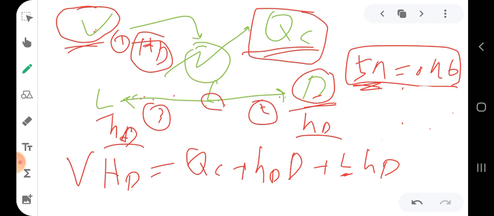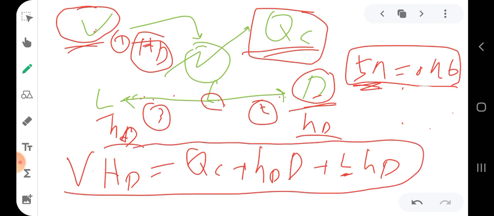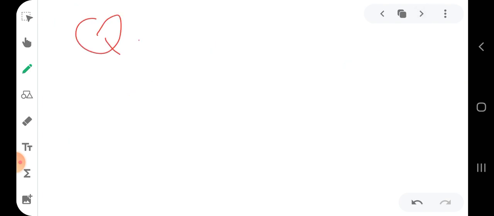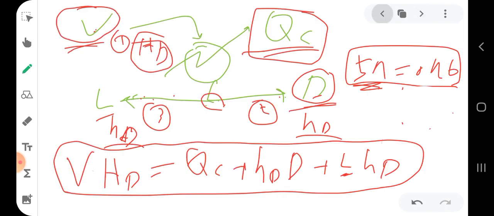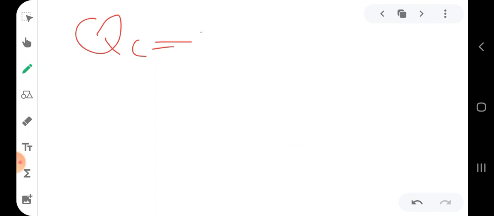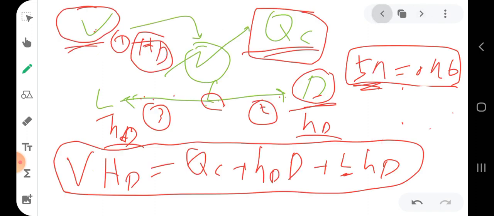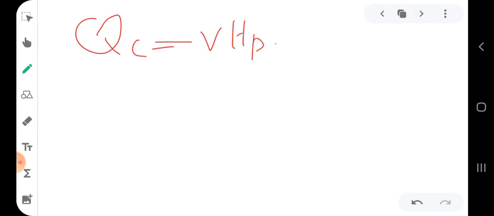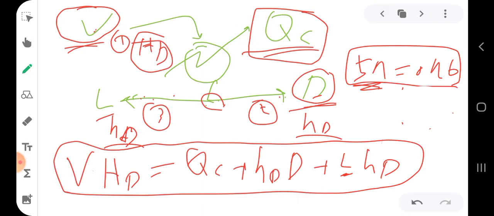Let's continue the solution. So we have this equation. Let's play with it. I'm going to leave QC on one side and move the other terms to the other side. So it will be VHD minus HD minus HD DHDL.